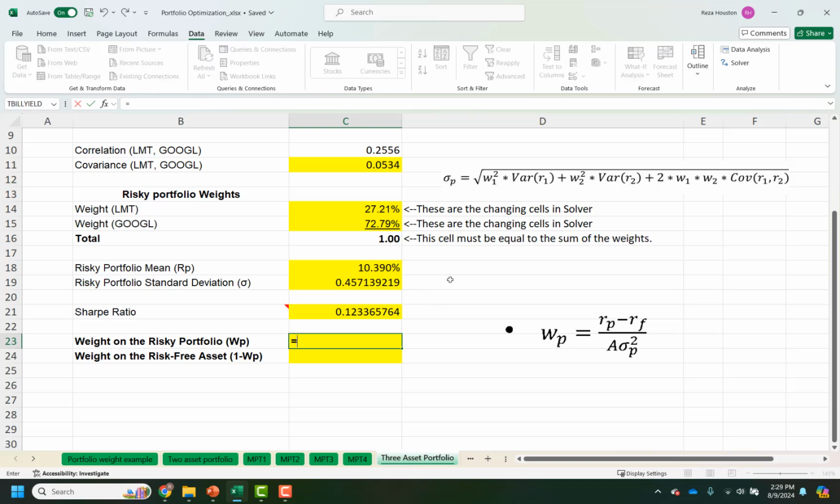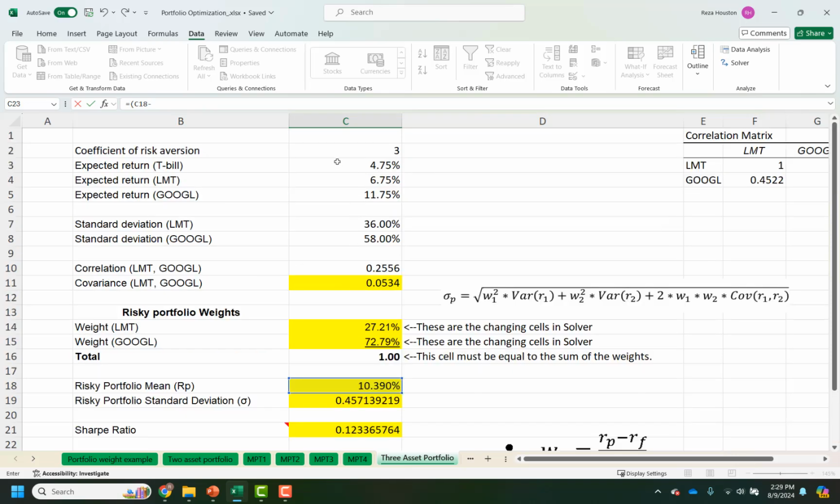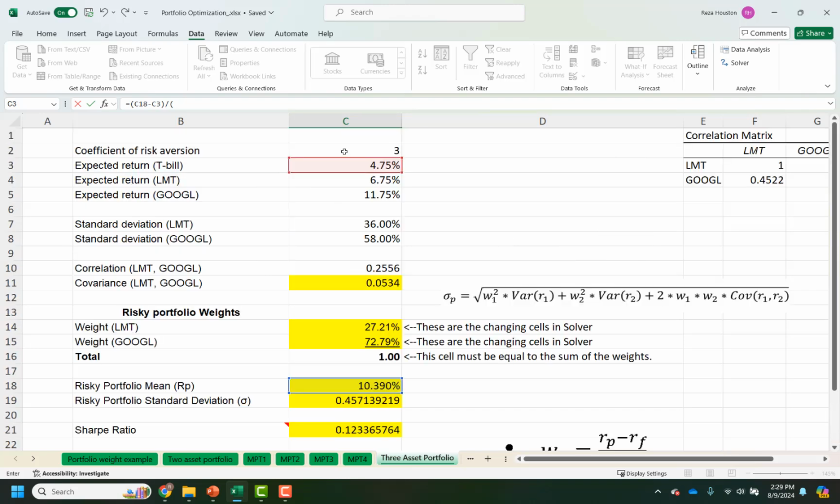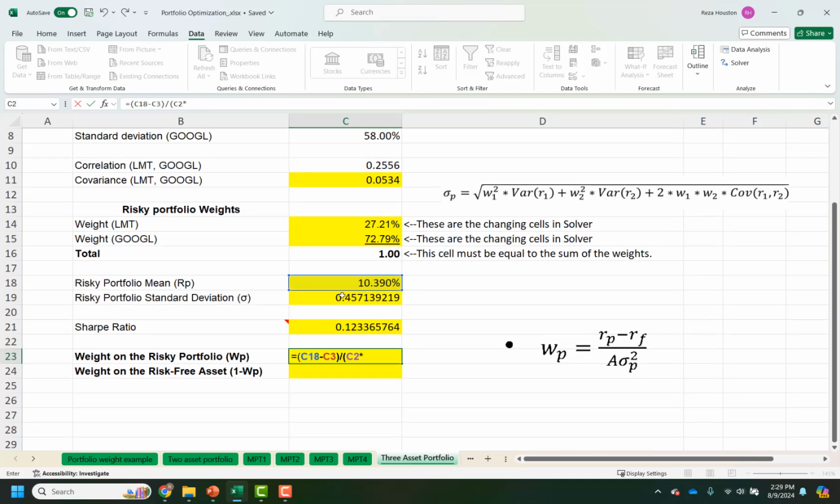So here, we're just taking the return on our risky portfolio minus our risk-free asset return, right there, and then dividing by our coefficient of risk aversion, right up here, times the variance of our portfolio. So standard deviation squared. There we go. And the weight to our risk-free asset is just going to be 1 minus that.